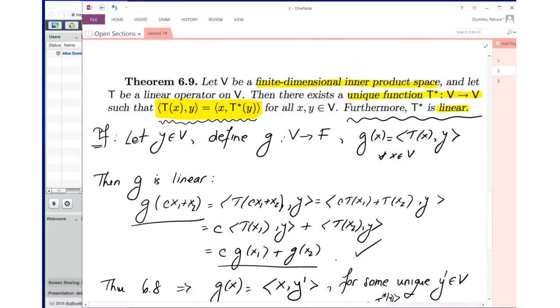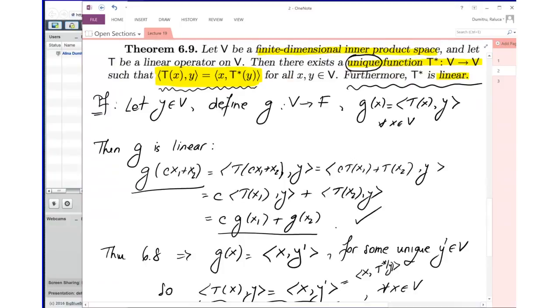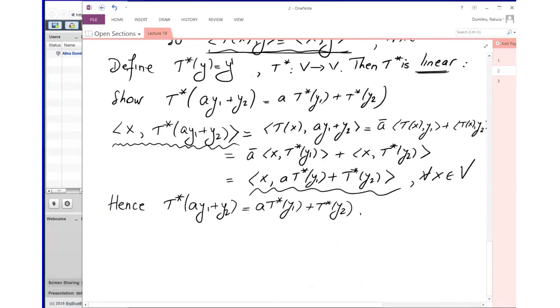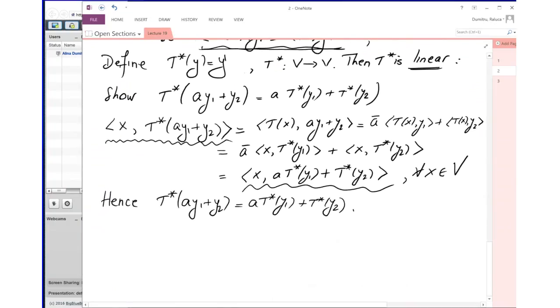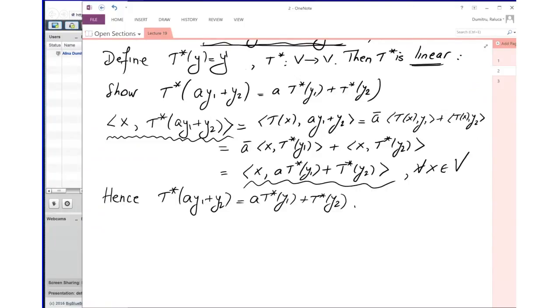One more thing, though, that I missed. There is no other like it, right? It's the only one that has this property. Okay? So let's just assume that there is another one.